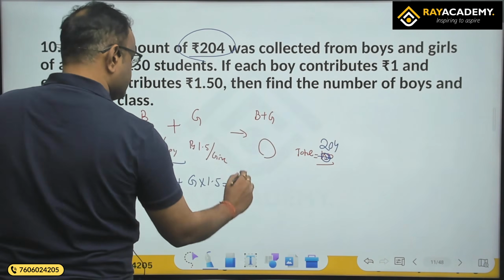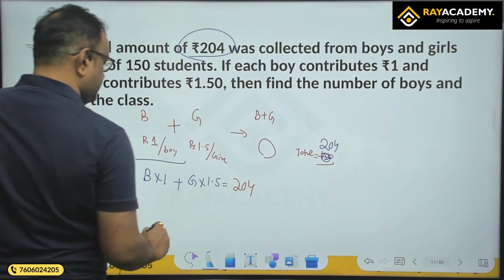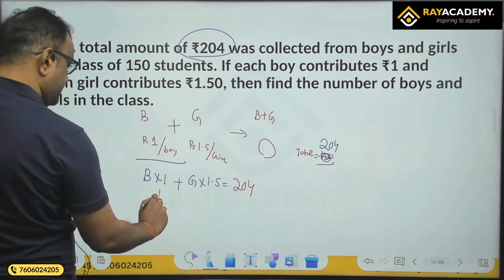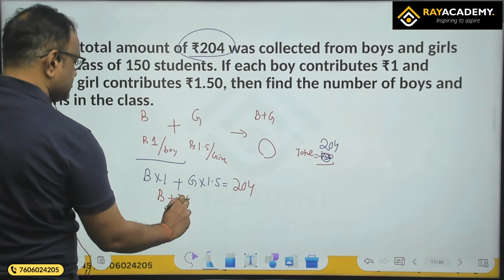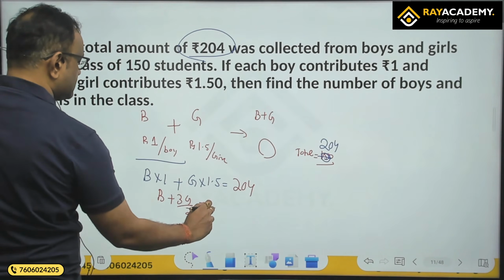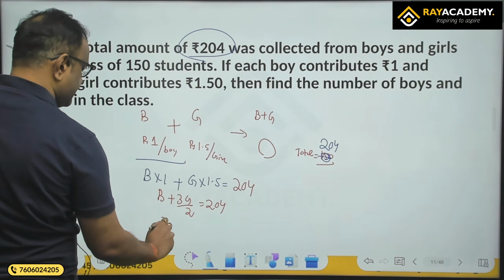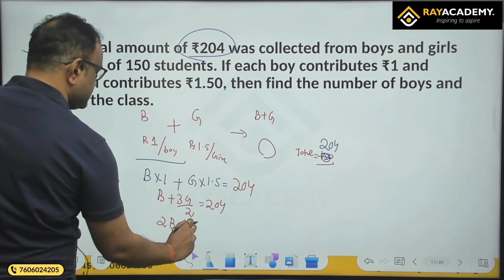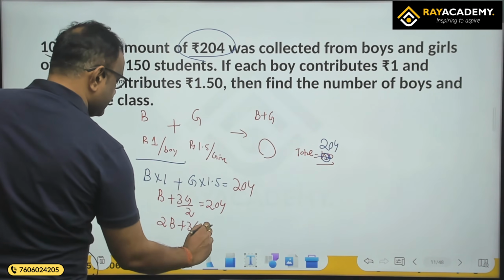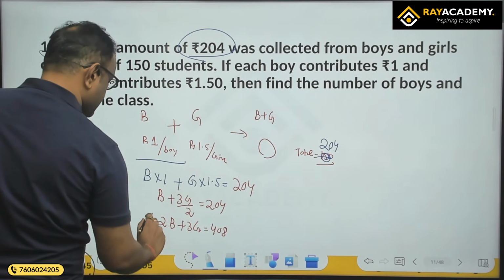So this is equal to 204, because we are taking the total amount. So B plus 3G by 2 equals 204. So twice of B plus 3G equals 408. This is one of the equations.